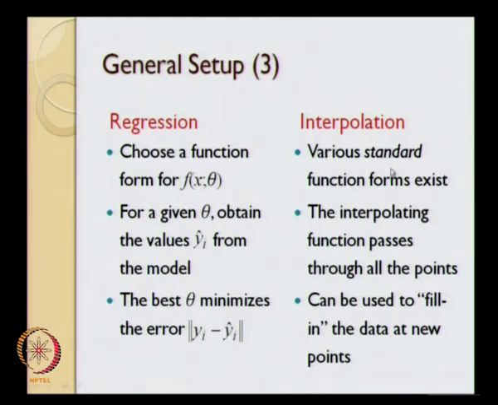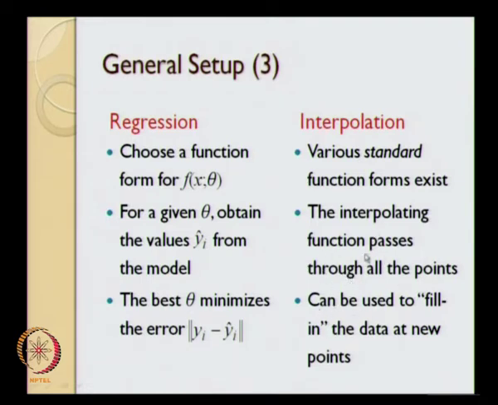There are several standard functional forms that exist, and based on the method that we are going to use, we will use one of those standard functional forms for interpolation. An interpolating function passes through all the data points, which means that the error is going to be 0 for each of the data points.